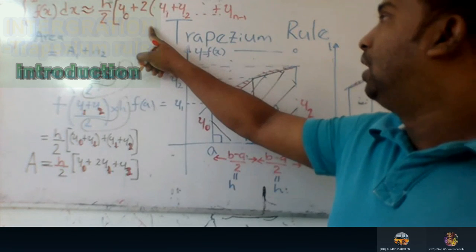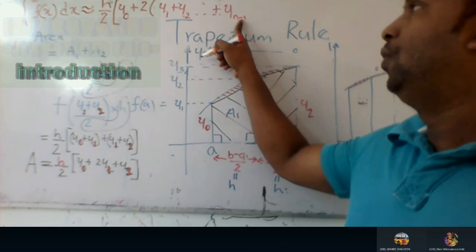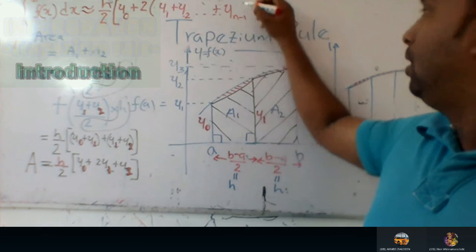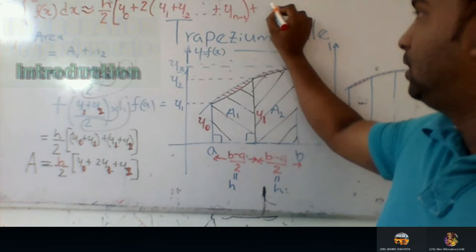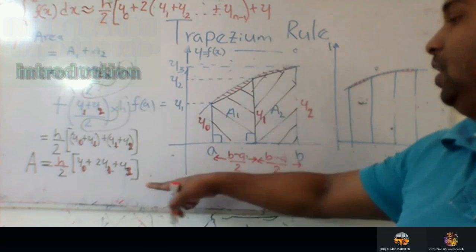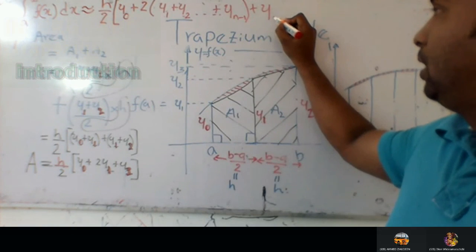If you have 5 strips, this is 4, plus finally we have the last one, yn.